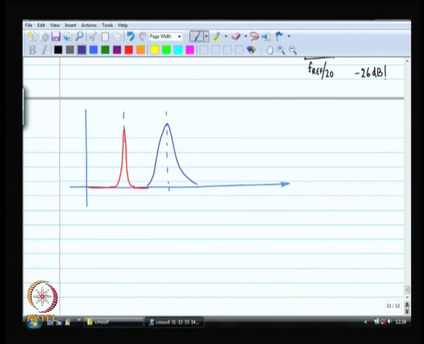Kind of exaggerating the view, I have put a lot of bad phase noise over there, it is okay.